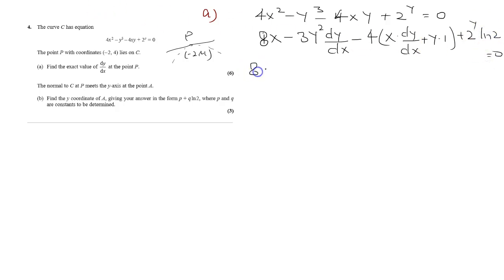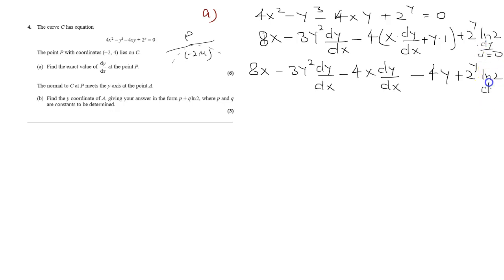So this is 8x minus 3y squared dy over dx minus 4x dy over dx minus 4y plus 2 to the power y ln 2, this is also dy over dx, is equal to 0.